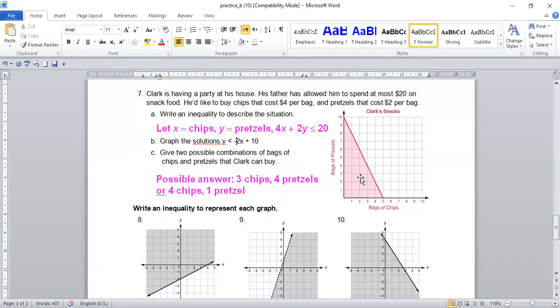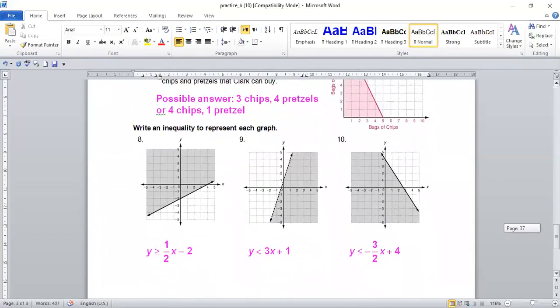So if he buys 2 bags of chips, he can buy 6 bags of pretzels. If he buys 3 bags of chips, he can buy 4 bags of pretzels. So these are the possible answers. Okay, so this is how you will have to be solving a problem solving question.